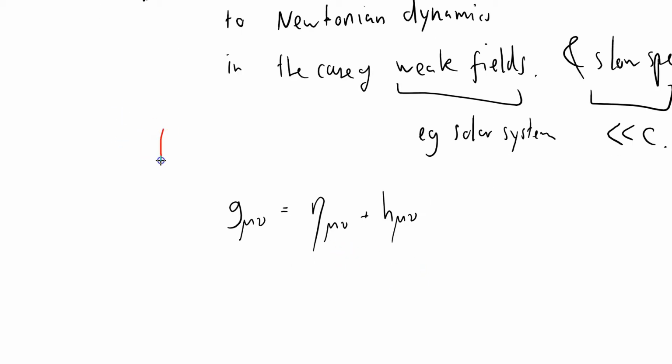This thing, I didn't mean red. Let me go back to, sorry about that, that's a little glitch in my recording here. Where was I? Fundamental tensor, metric tensor, equals eta, which is this matrix, 1, 0, 0, 0, 0, 1, 0, 0, 0, 0, 1, plus something small.